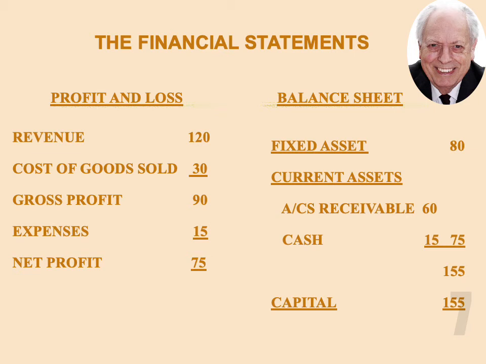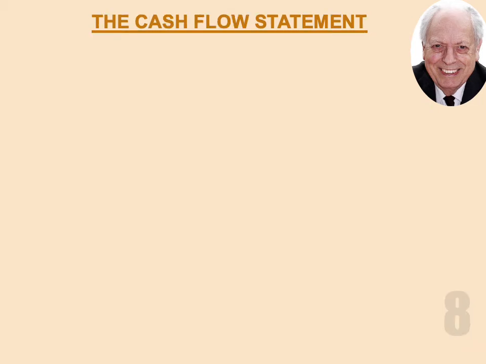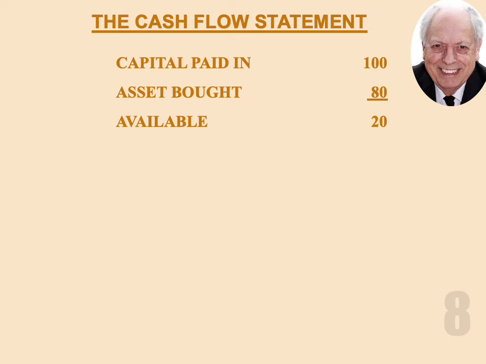Now let's look at the cash flow. The cash flow statement is another storybook, and it tells a very different story. We saw with the profit and loss account that we had a profit of 75. But how much cash came in? Well, we started with Antonio putting 100 into Trader, which then bought an asset for 80, the ship. It had 20 left. The customers only paid 60.